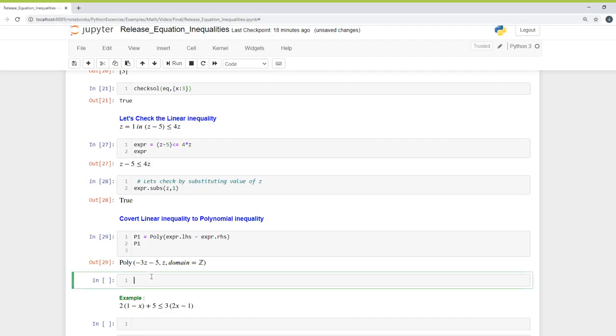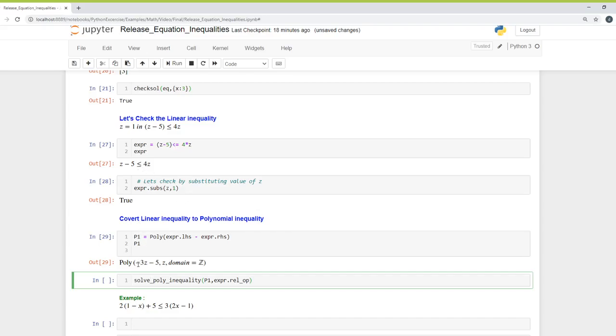Now we will check the polynomial inequality by calling the method solve_poly_inequality, the inequality of polynomial p1, and our relational operator is the less than sign, that is, less than or equal to.